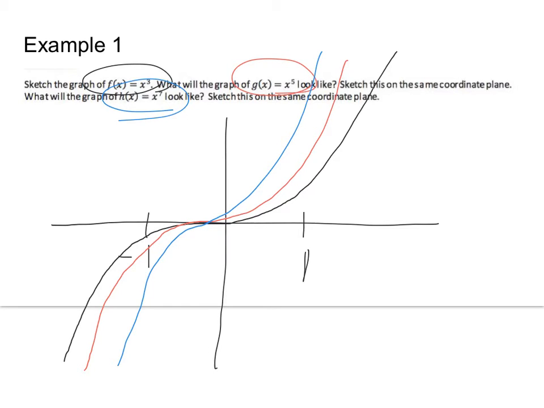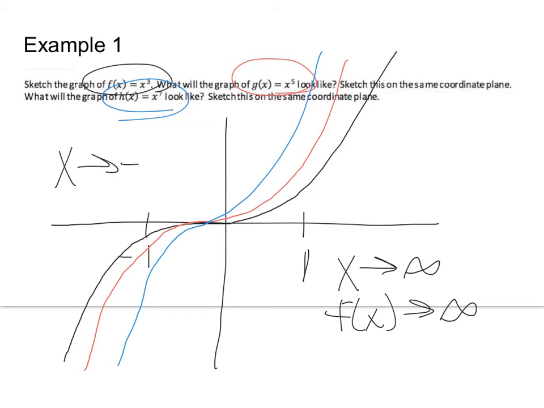Compare and describe the behavior of the value f of x as the absolute value of x increases without bound. So our end behavior would say, as x approaches infinity, f of x also approaches infinity. And as x approaches negative infinity, f of x approaches negative infinity.